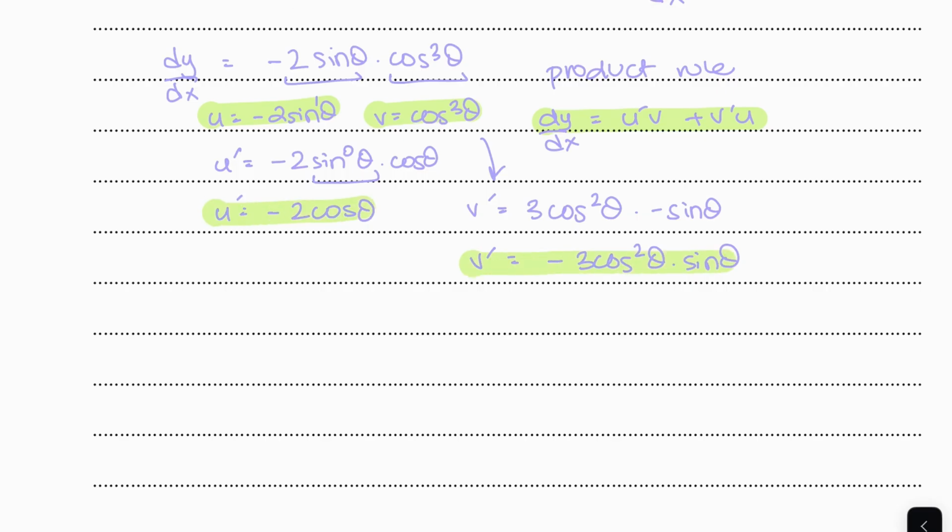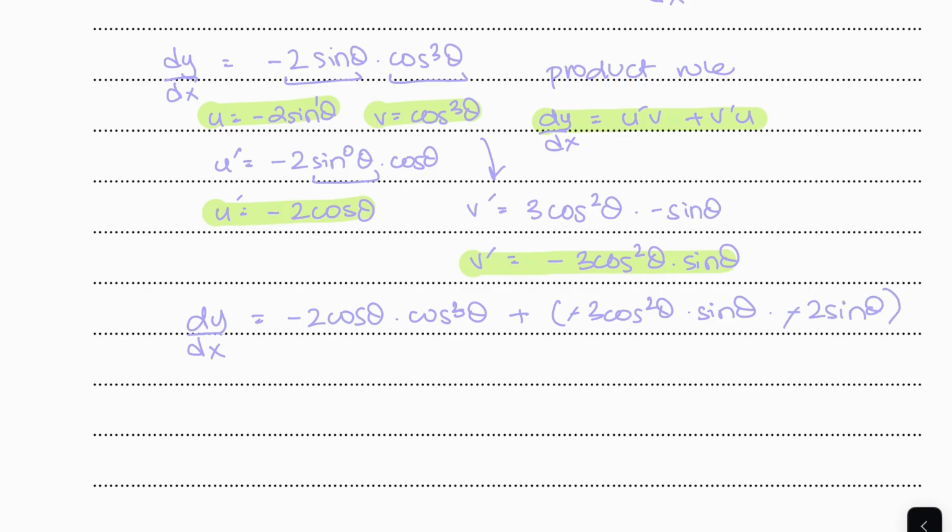So let's put these in and we will get dy by dx is equal to u prime, so minus 2 cos theta, times v, which is cos cube theta, plus v prime, so minus 3 cos square theta times sine theta, times u, which is minus 2 sine theta.